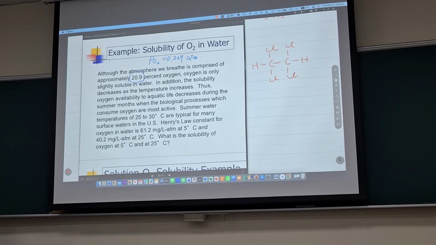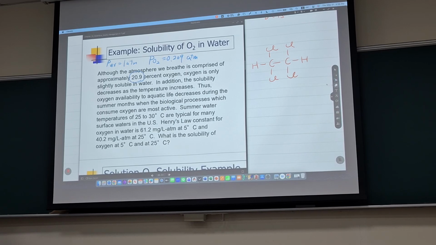Let's assume total air pressure is 1 atm, then the partial pressure of oxygen in air will be 0.209 atm.